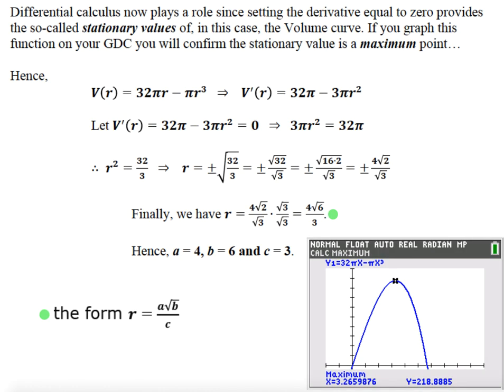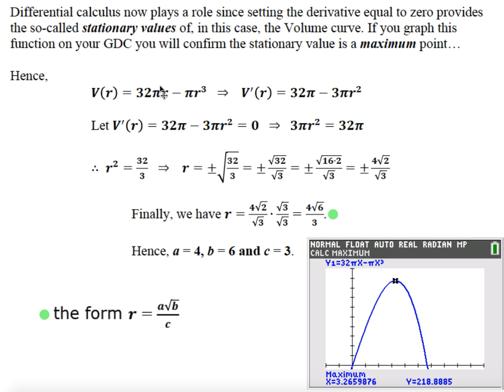So what are we going to do? We're going to actually, as usual, differentiate this guy because we're interested in the role of the derivative as it's set equal to 0 to find the so-called stationary values. And the future of this graph, and I did throw it into the GDC later, it does actually maximize at some point.